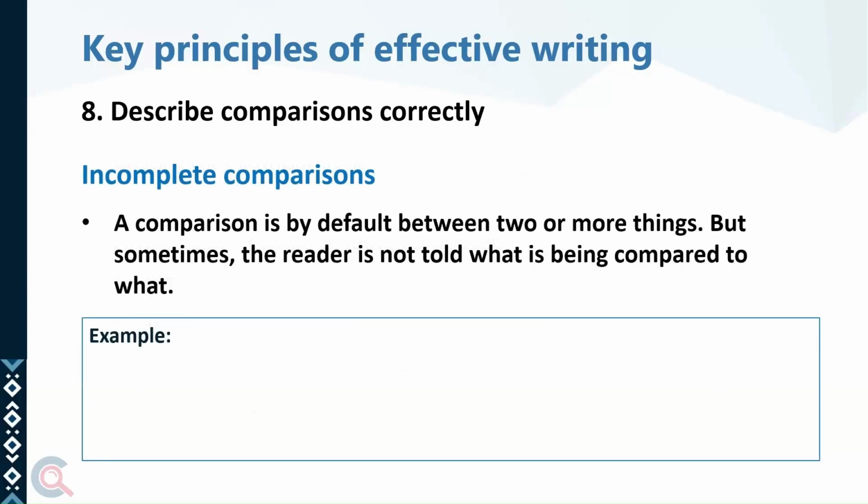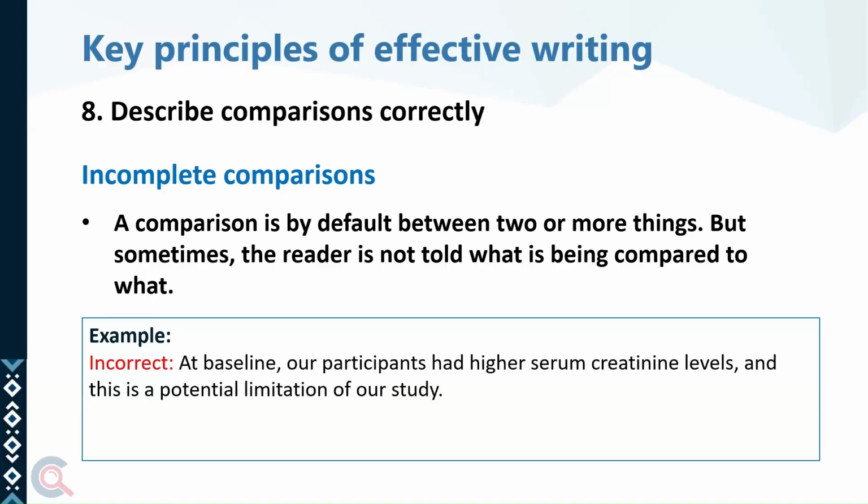There's what we call incomplete comparison. It's a comparison that is done between two things, but sometimes the reader is not told what is being compared to what. For example, in this sentence, "At baseline, our participants had higher serum creatinine levels, and this is a potential limitation of our study." We are comparing our participants to something that is not mentioned.